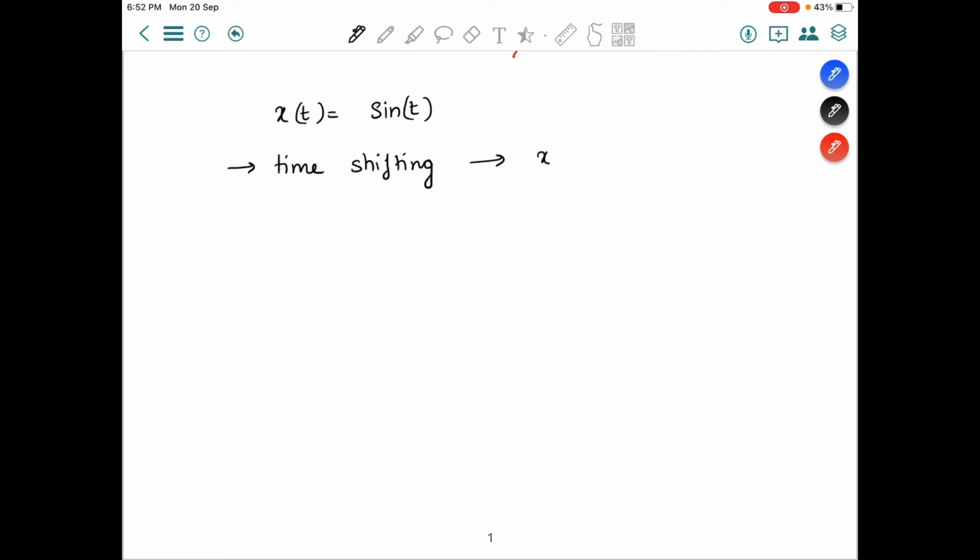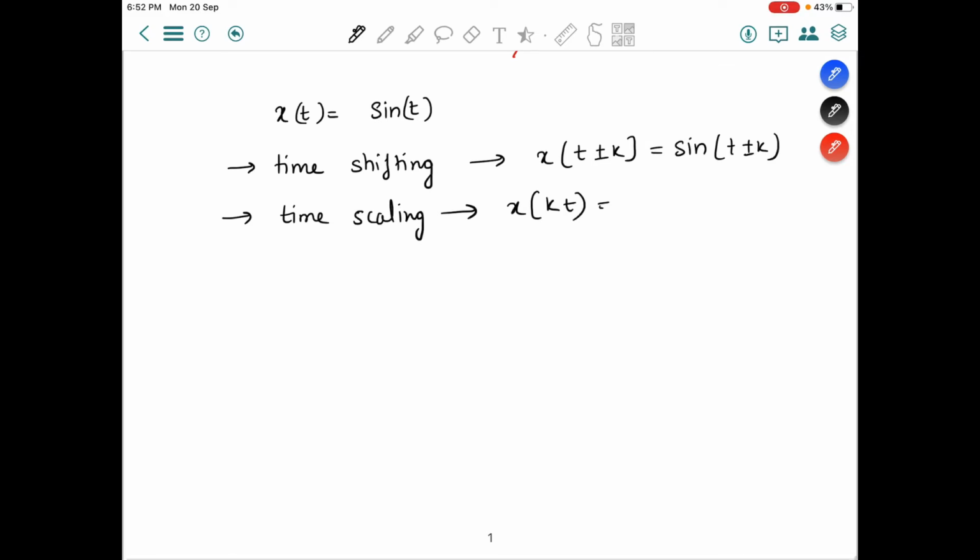This implies that we will add some scalar to or subtract some scalar from that t, which in turn makes it sin(t plus or minus k). Then we'll do time scaling as well. We'll see when we multiply some scalar to our independent variable how it changes the output.